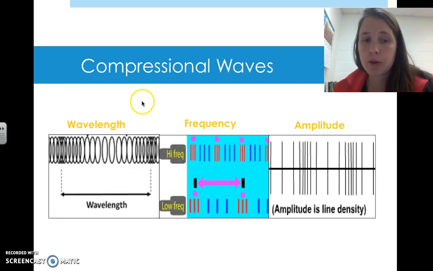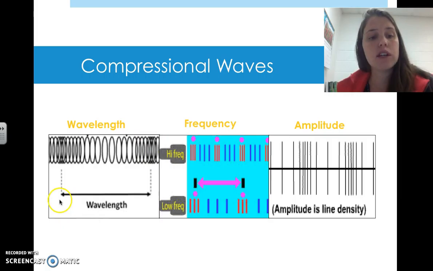In compressional waves, the wavelength is the distance between similar areas on the compressional wave. So where the density is this to where the density is that again is going to be a single wavelength. Okay, a single wavelength. When looking at frequency, it's how often they go into those little dense areas.